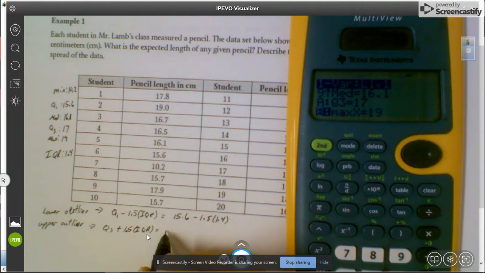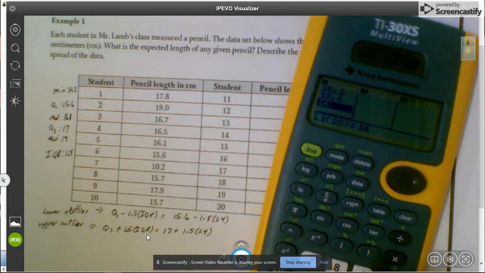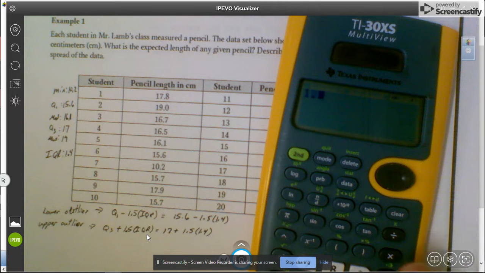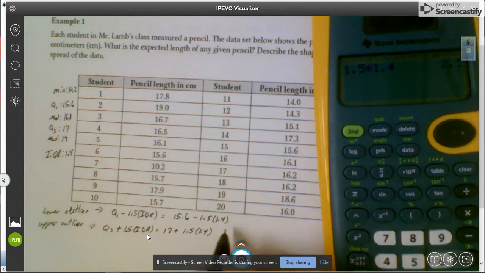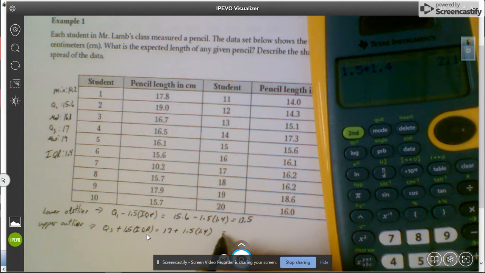That would be 17 plus 1.5 times 1.4. 1.5 times 1.4 is 2.1. So that would be 15.6 minus 2.1, which is going to be 13.5. And then down here, that's 17 plus that, which is 19.1.